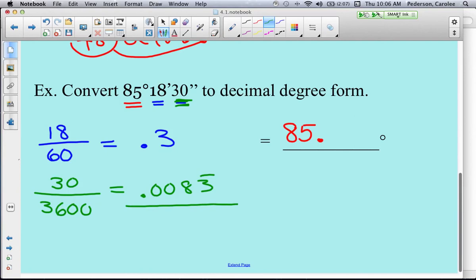Now what we do is we just add those 2 numbers up, and that's our decimal piece. So we add them up, and we get 0.3083 of 1 degree.